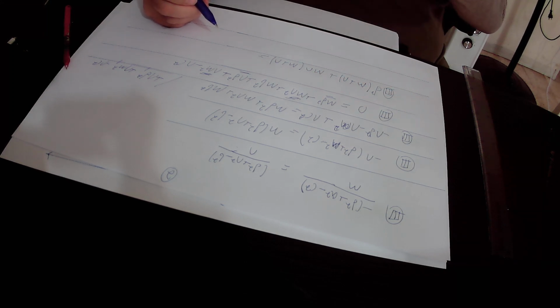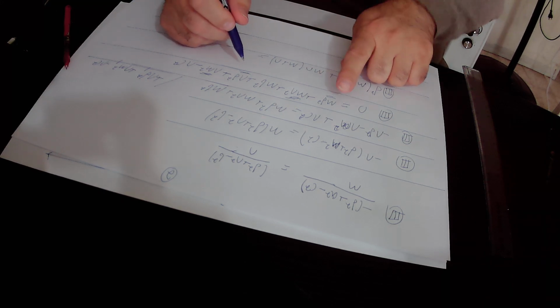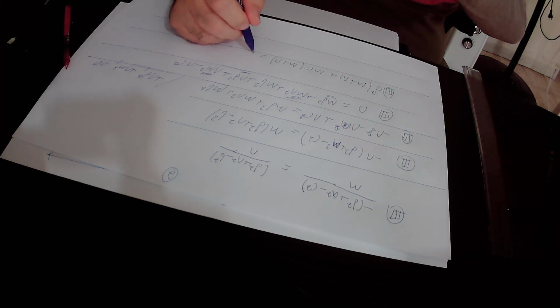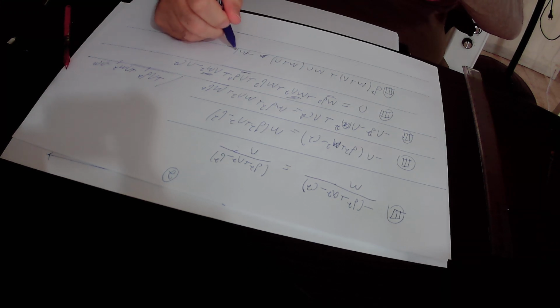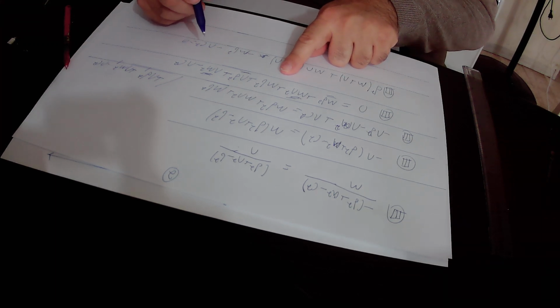And it is equal to minus mb square, minus nc square equals 0. Here, this expression is minus mb square.